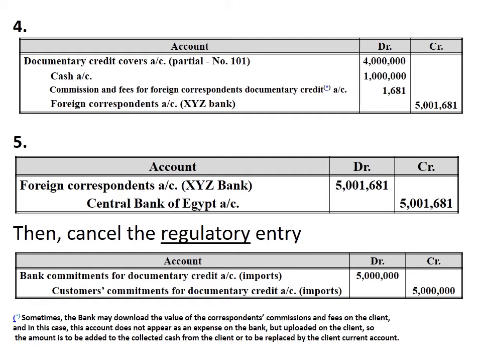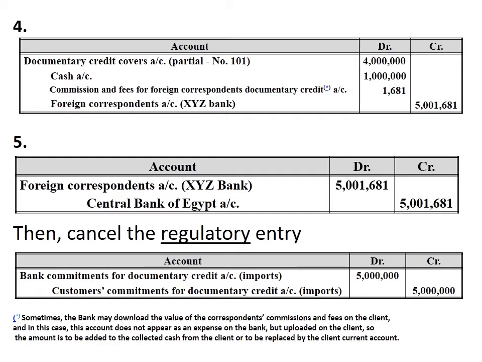So the amount for the foreign correspondence equals 5,001,681.